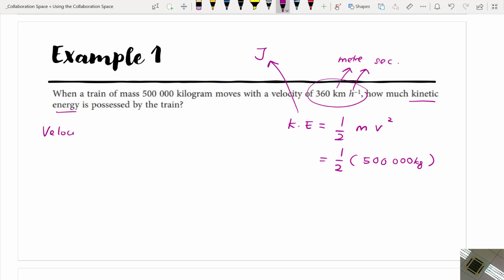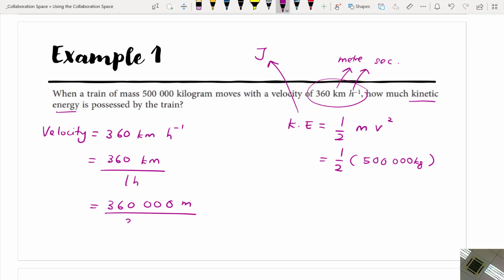So if you want to change that, therefore we put here 100 meter per second.